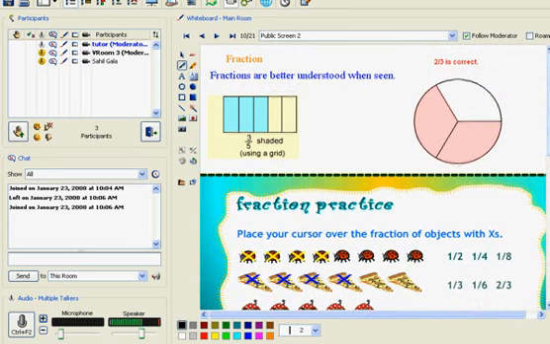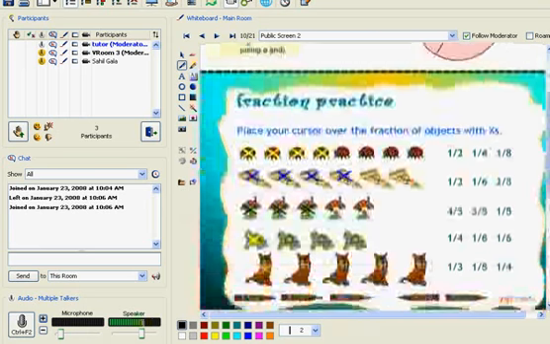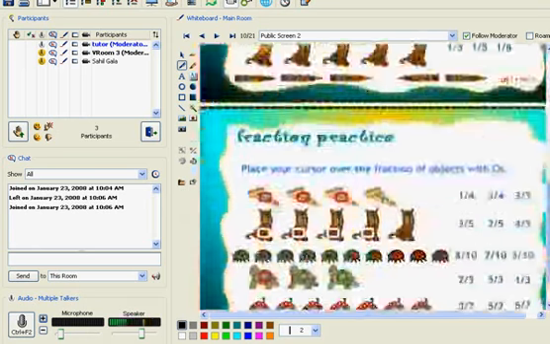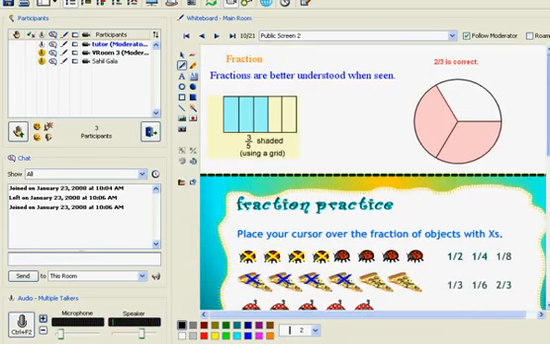That means one apple was divided into two parts. And each friend had one part. So if I ask you what part of the apple you had, you will say 1 out of 2. Because you divided the apple into two parts, and out of the 2, you had 1.